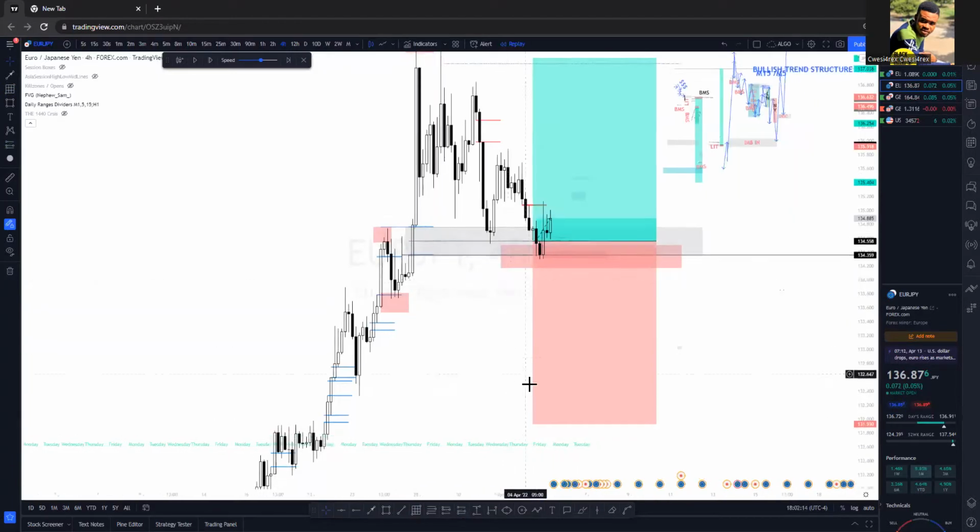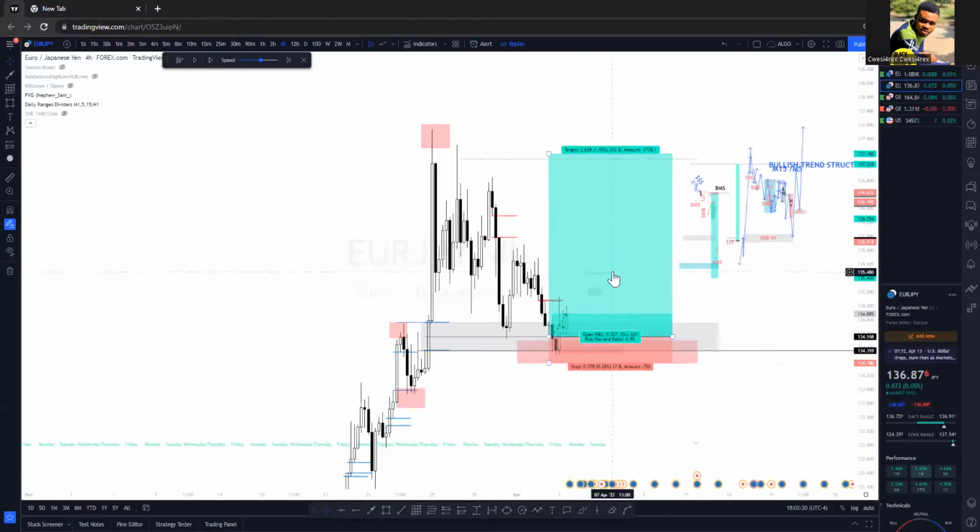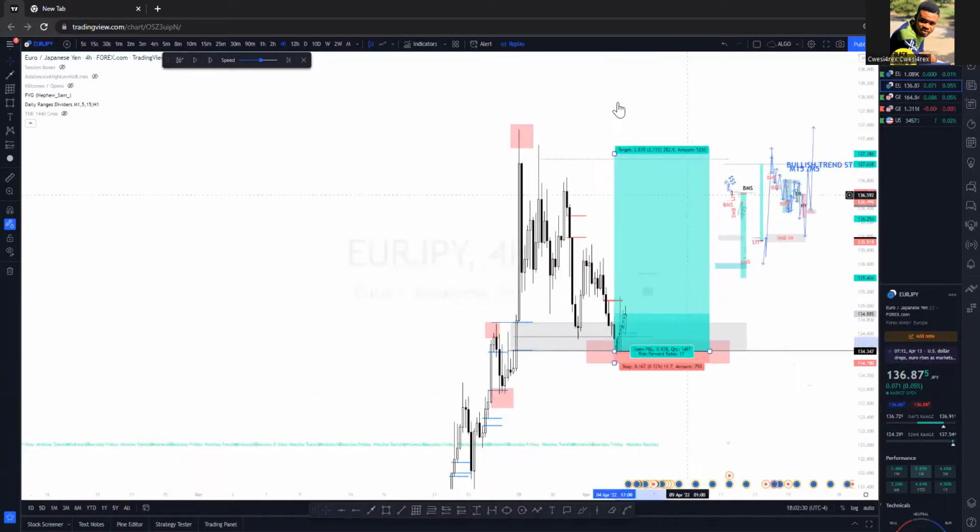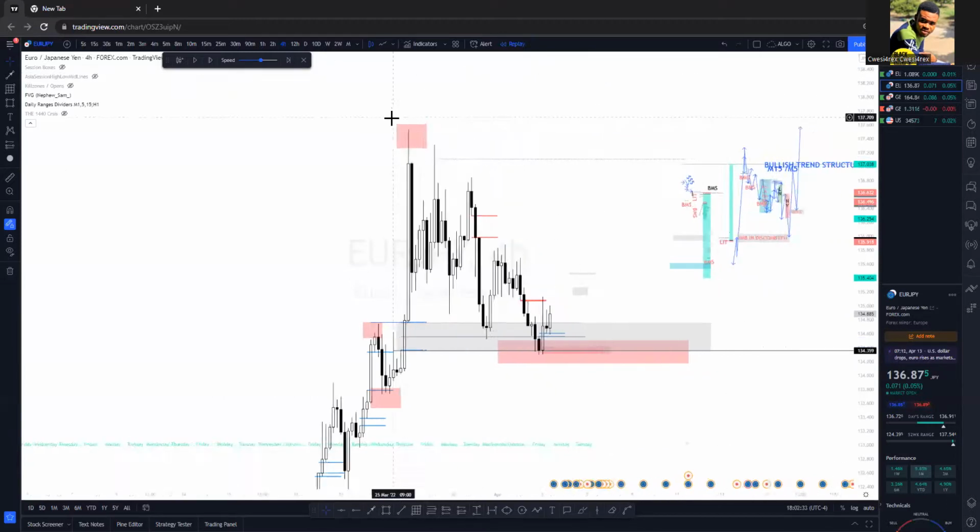Let's see. Enter at the 50%, you can see 37 pips. That's the 50%. Good. And if you enter at the 100%, 16 pips is also big, right? So what are you going to do? You are going to refine this place that you have marked over here.